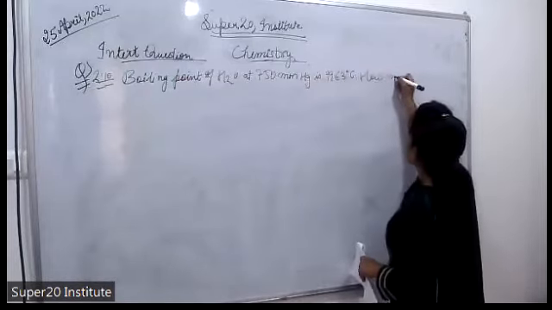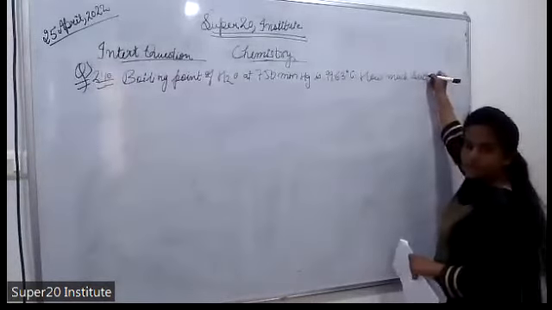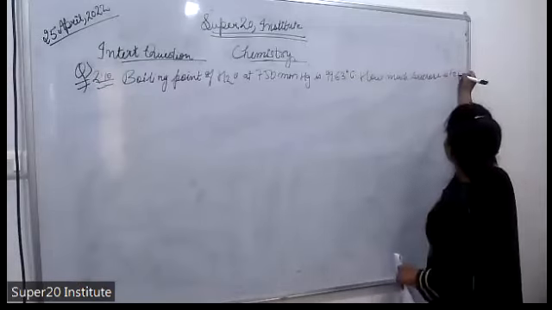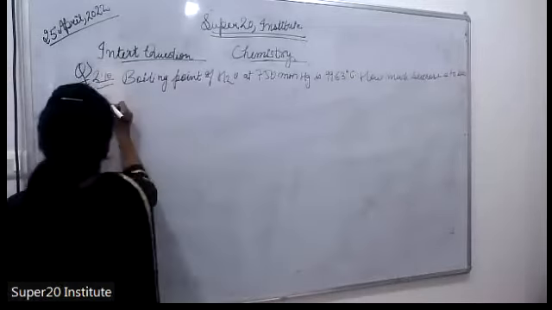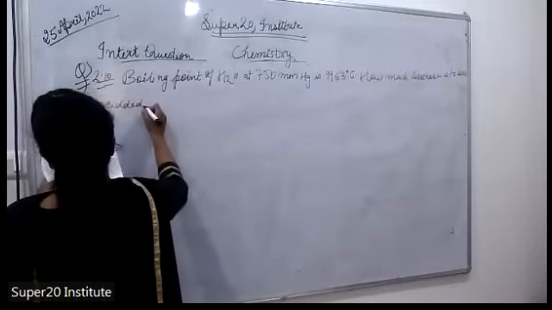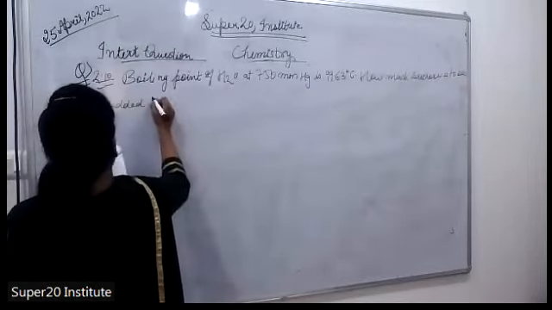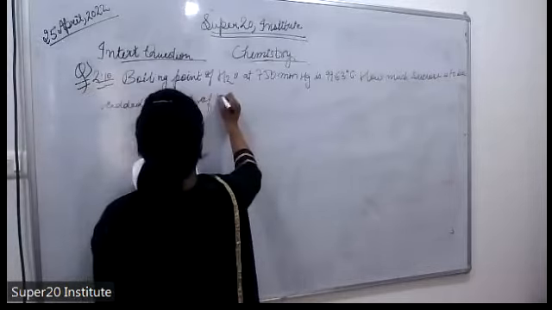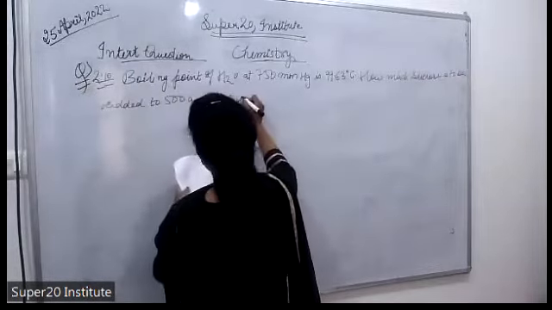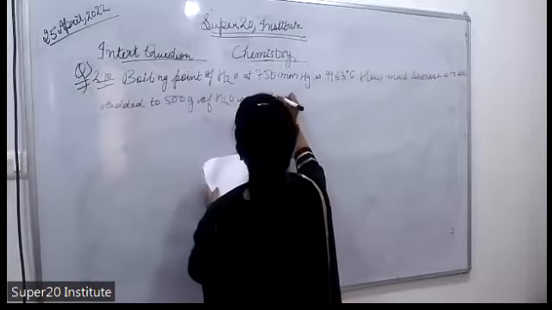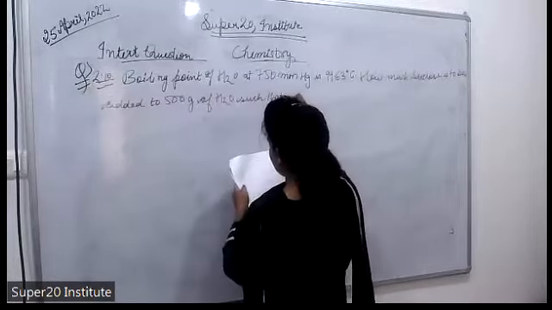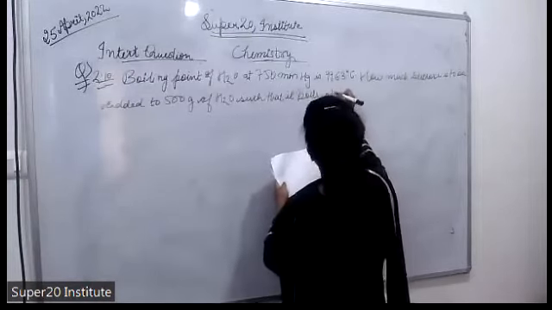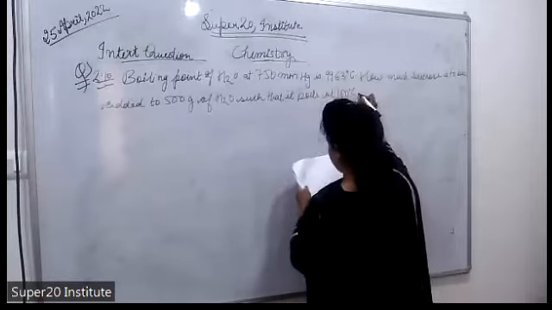How much sucrose? What is sucrose? Sucrose is a carbohydrate. Sucrose is to be added to 500 grams of water such that it boils at 100 degrees Celsius.